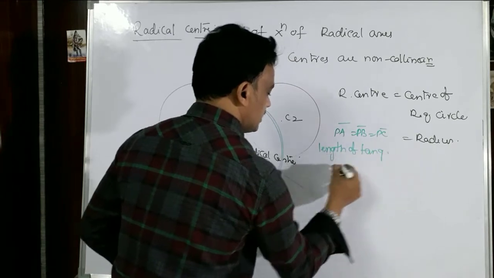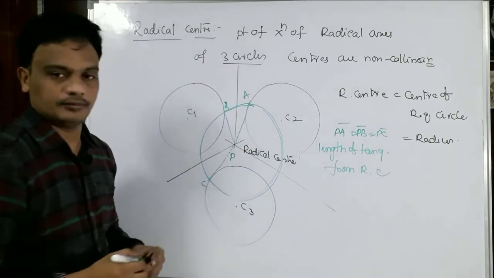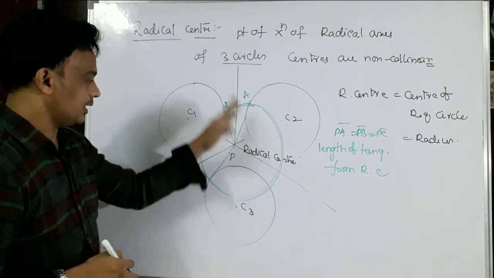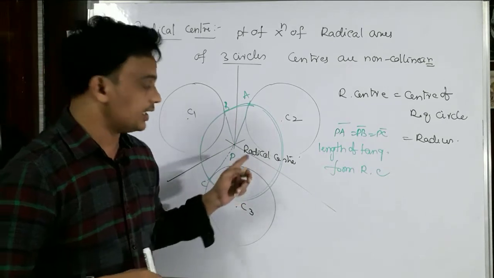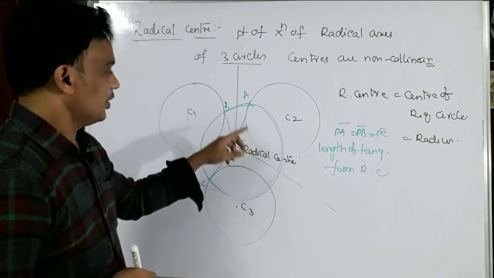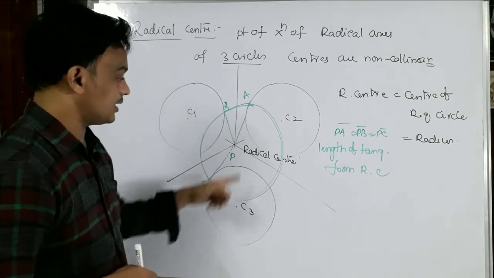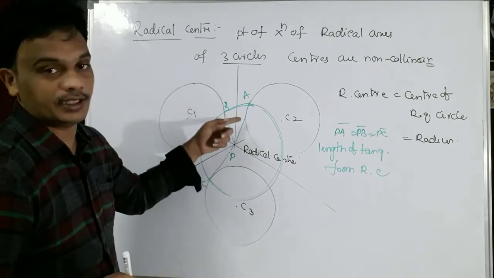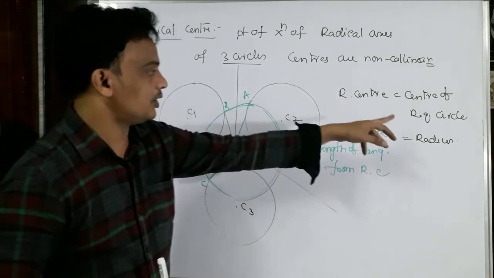So it is the length of tangent from the radical center. Like this, we will get the equation of the required circle. What is the condition for this required circle? It intersects the three circles orthogonally. Then the radical center is the center of the required circle.